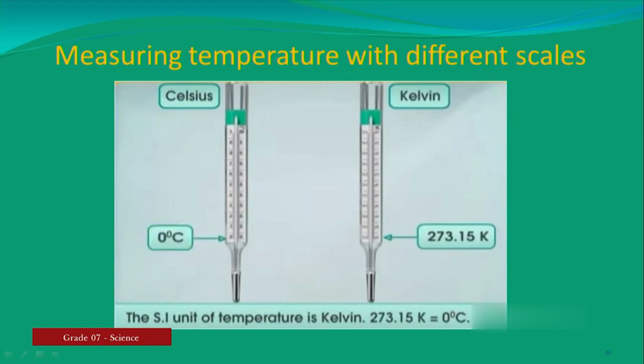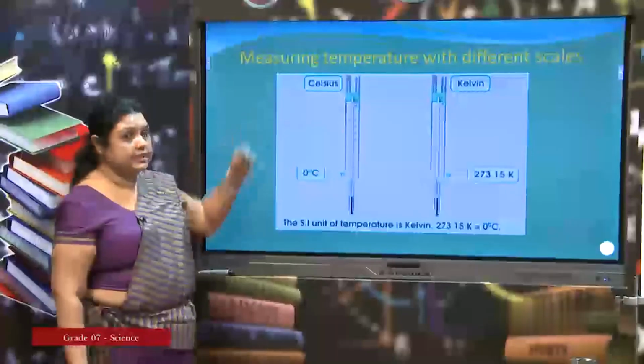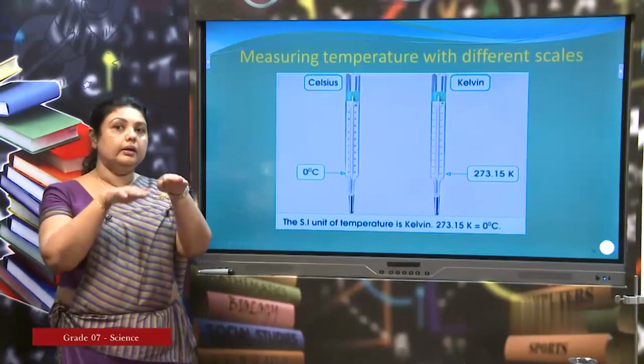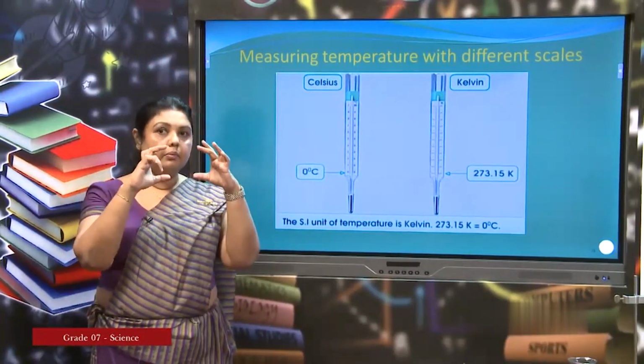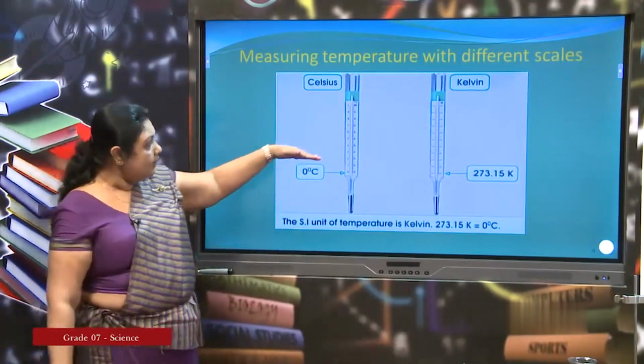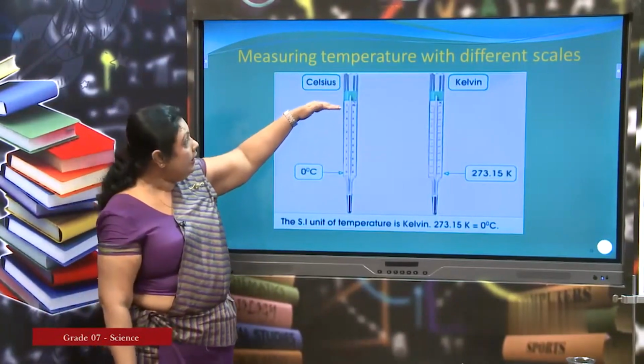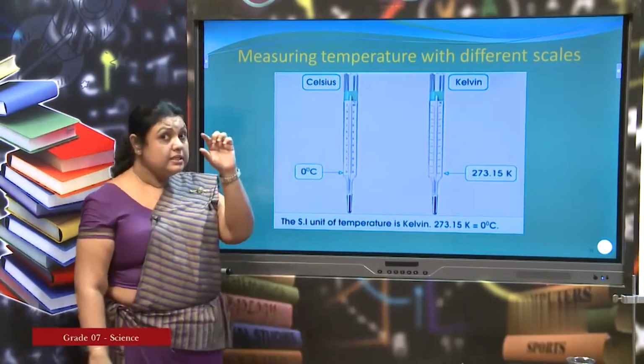So, this Celsius scale is of course divided into 100 parts. You think that you are climbing up 100 steps with the same height. So, likewise, there are 100 lines there with the same space.